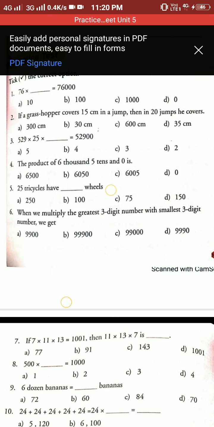They have given here 0. The product of 6,000 5 times and 0, that means we multiply 6,000 by 5 times by 0. We know that when we multiply any number by 0, the product is always 0. Then we have to put 0 here.